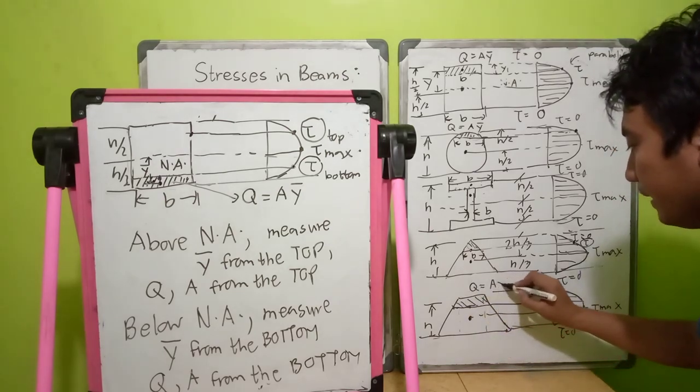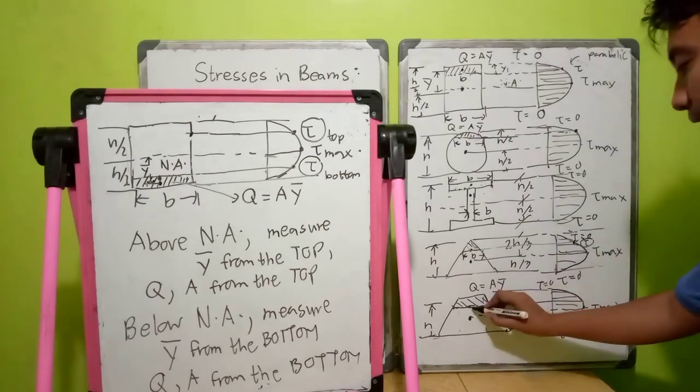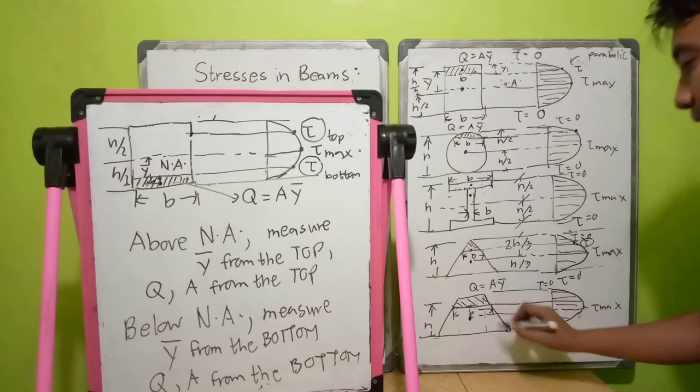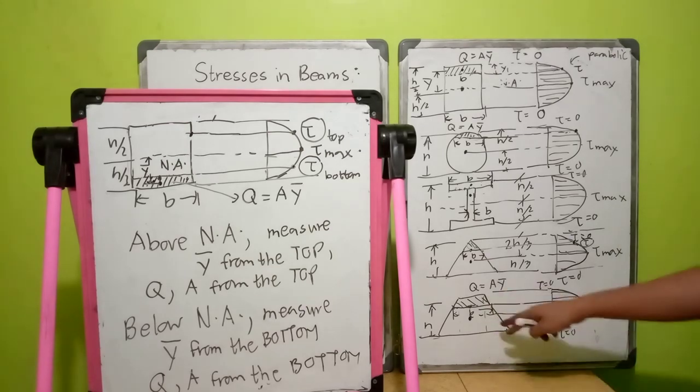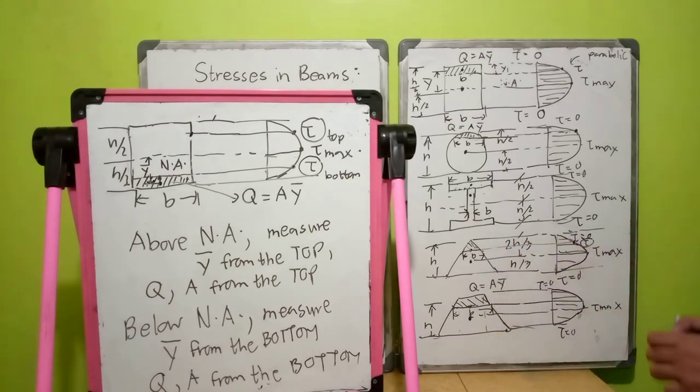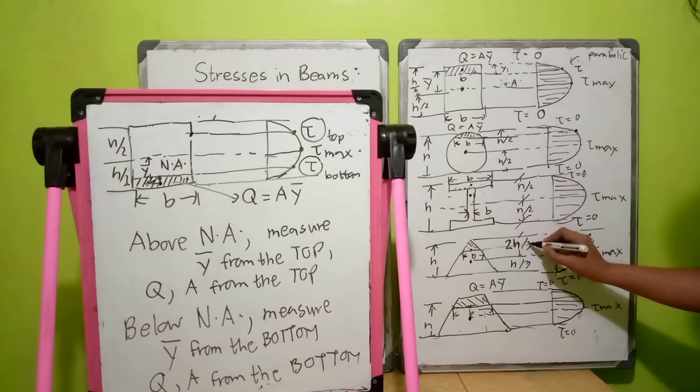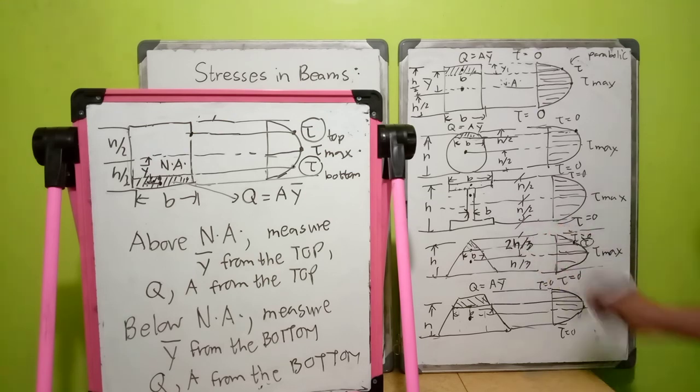Q is equal to A Y bar. And then your B is here, the width at the bottom. So please take note of that.